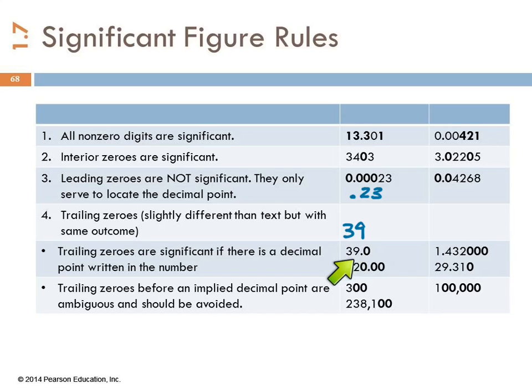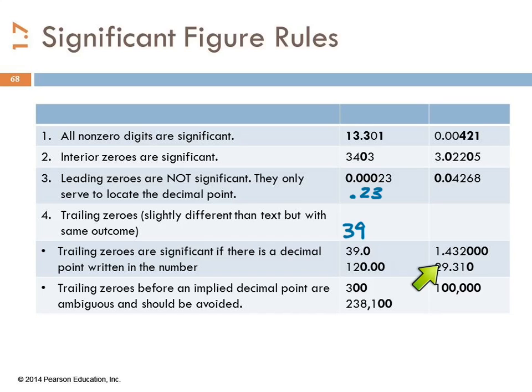We wrote it there because that was our estimated digit. This measuring device had markings of 1, whatever it is. And so we estimated the next place. And we said it looks like it's right on the line. So it's 39.0. If it looks right on the line, does that mean it's exactly 39 centimeters? No, there's uncertainty in every measurement. But as far as we can tell, it's 39.0.